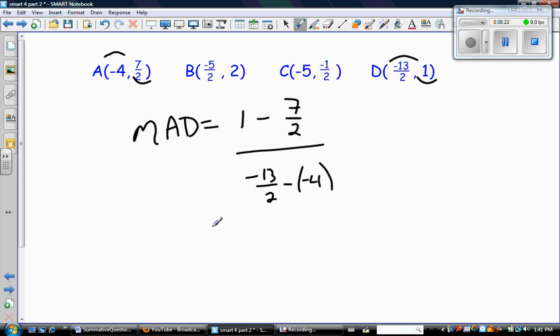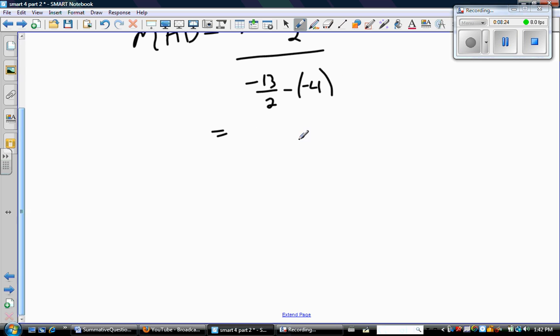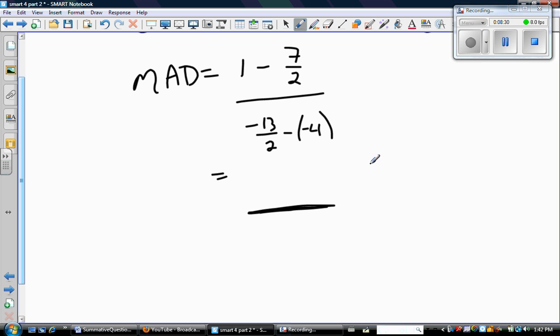Just like you just saw me doing, we're going to have a nice big fraction line, and we're going to deal with the numerator and denominator as separate little pieces of math. On the top, I need a common denominator. So 1 becomes 2 over 2, and that'll be minus 7 over 2. On the denominator, 13 over 2 minus negative is plus, and 4 would become 8 over 2.